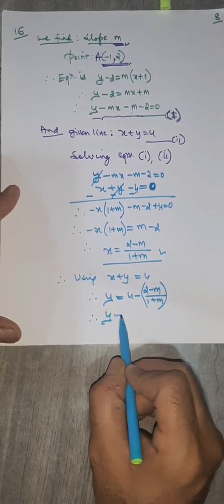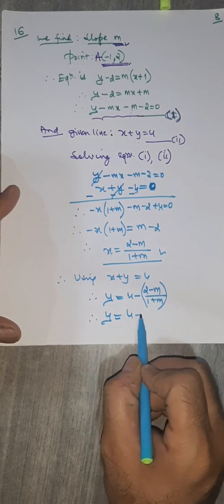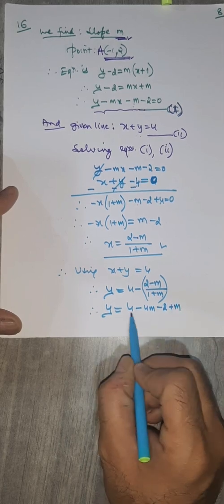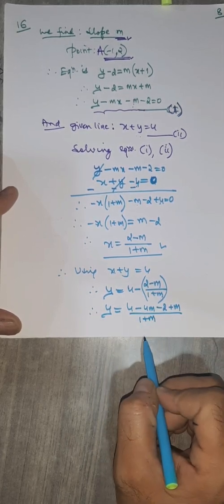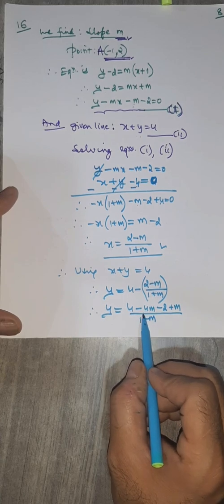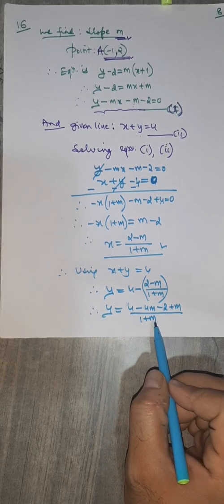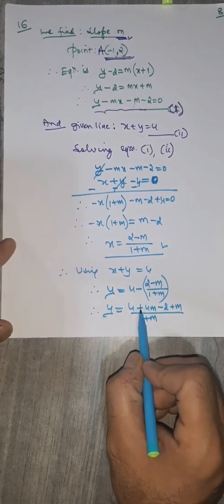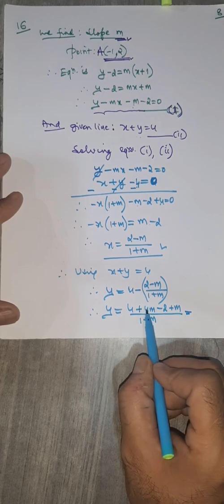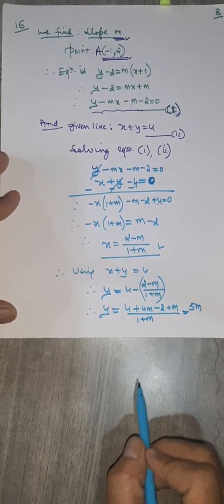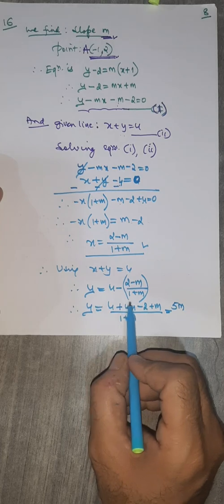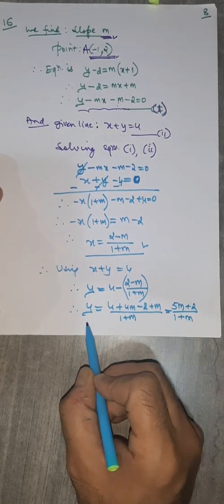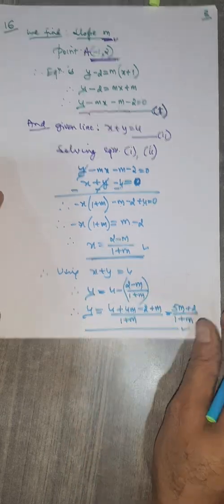So y equals 4 minus 4m minus 2 plus m upon 1 plus m. Fine, so what will we get from this? I think this should be plus 4m, so this will be 5m plus 2 upon 1 plus m. This is the y coordinate, and this is the x coordinate.